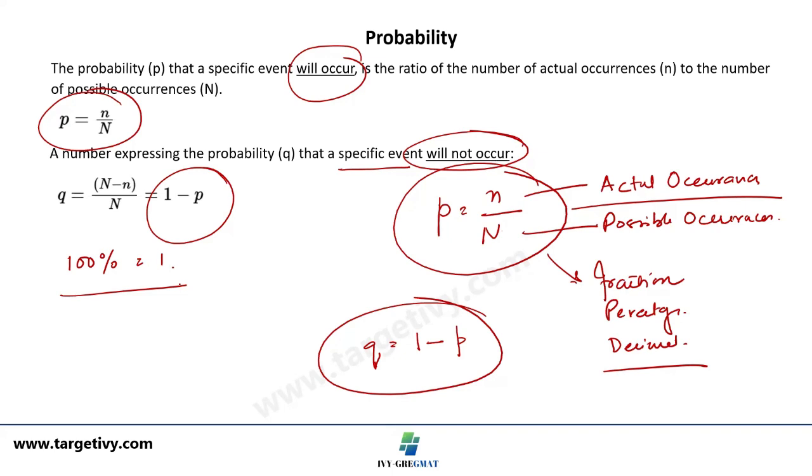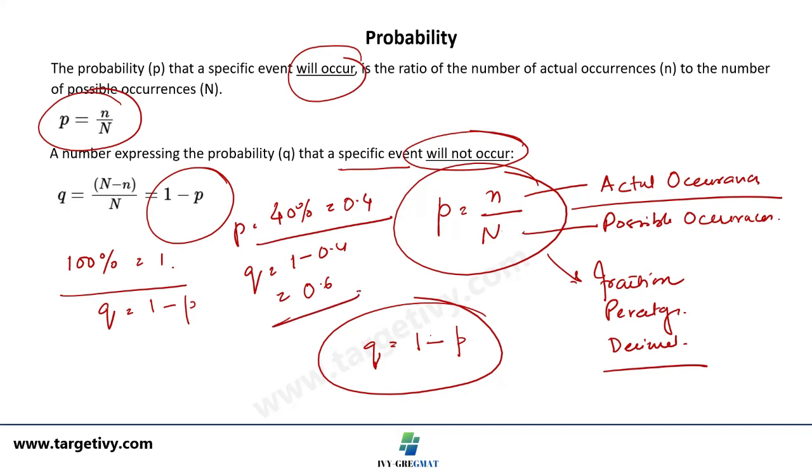So an event not occurring, Q, is 1 minus P. If the probability of an event occurring is 40%, which is 0.4, then Q is 1 minus 0.4, which is equal to 0.6. That's how we put it.